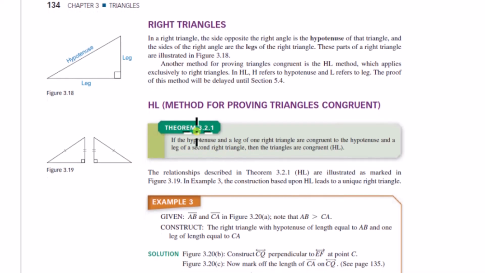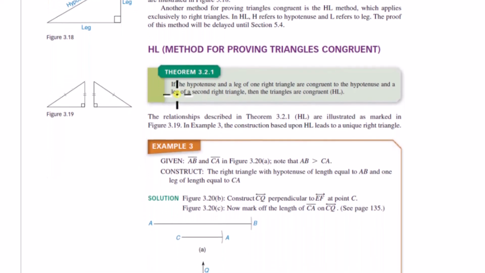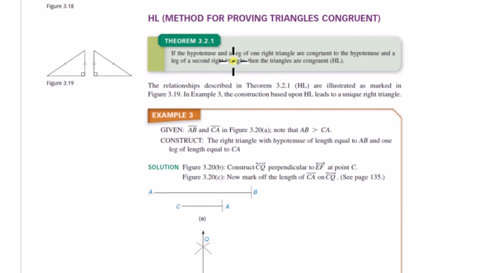So here's the theorem. If the hypotenuse and a leg of one right triangle are congruent to the hypotenuse and a leg of a second right triangle, then the triangles are congruent by HL. And this is a theorem. You can prove this, similar to how we proved the angle-side congruence criteria.